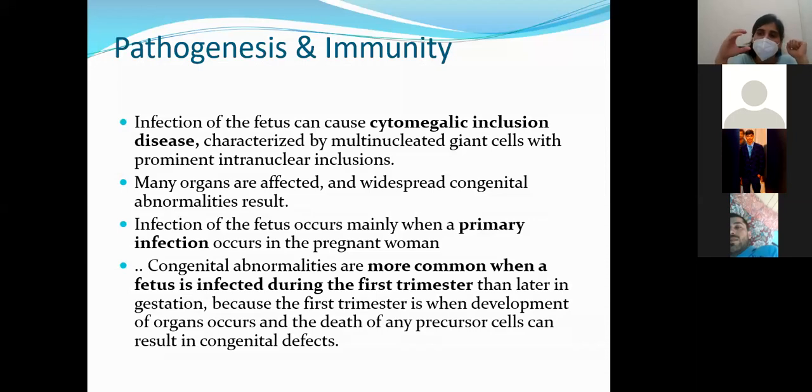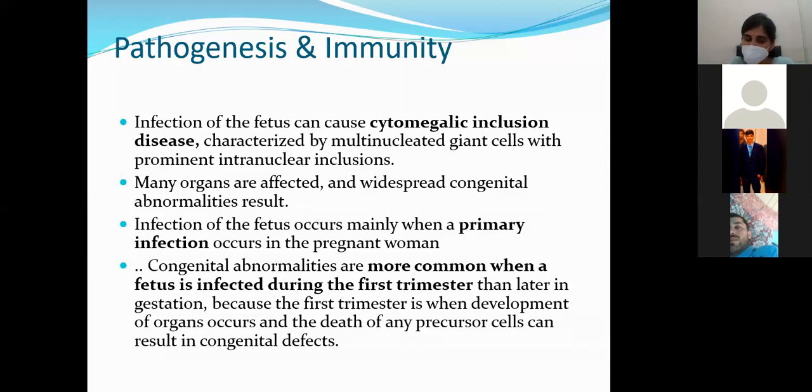So cytomegalovirus actually causes intranuclear inclusions. It is characterized by multinucleated giant cells with prominent intranuclear inclusions. So in the nucleus, you will have the intranuclear inclusions as well as the multinucleated giant cells.